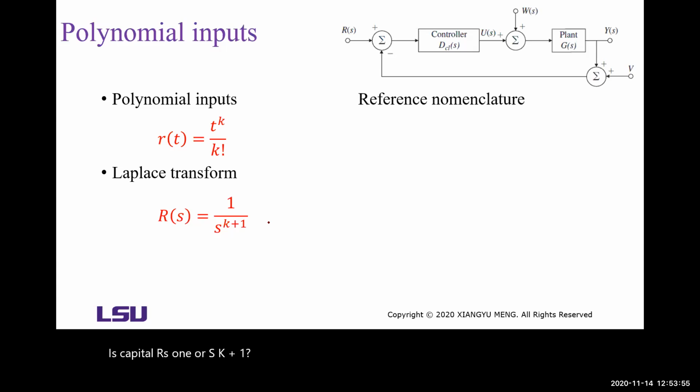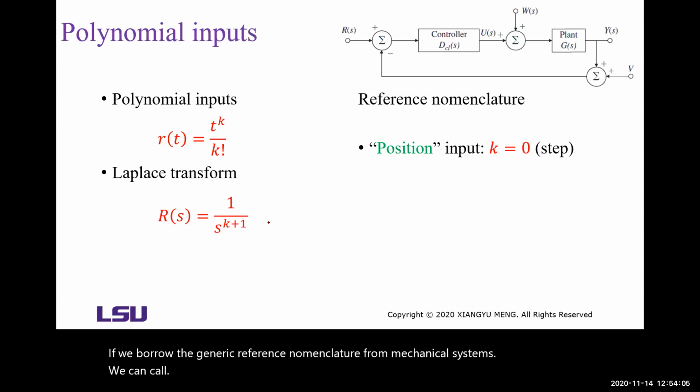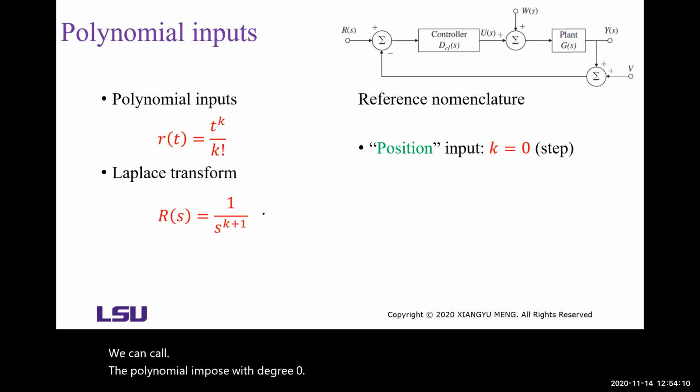If we borrow the generic reference nomenclature from mechanical systems, we can call the polynomial input with degree 0, that is k equals 0, a step signal, so r(t) is a unit step signal. We also call it position input.